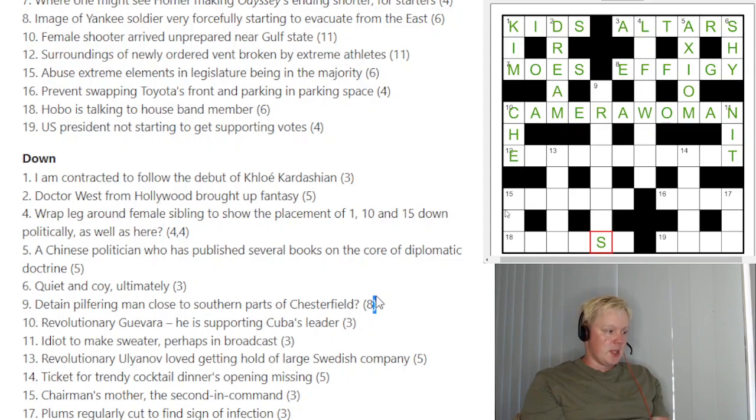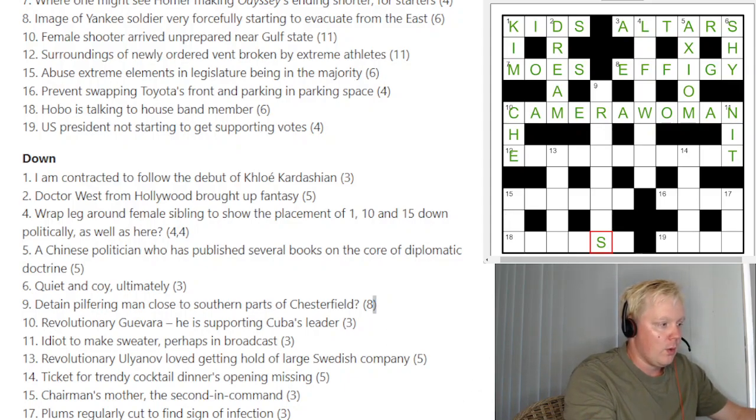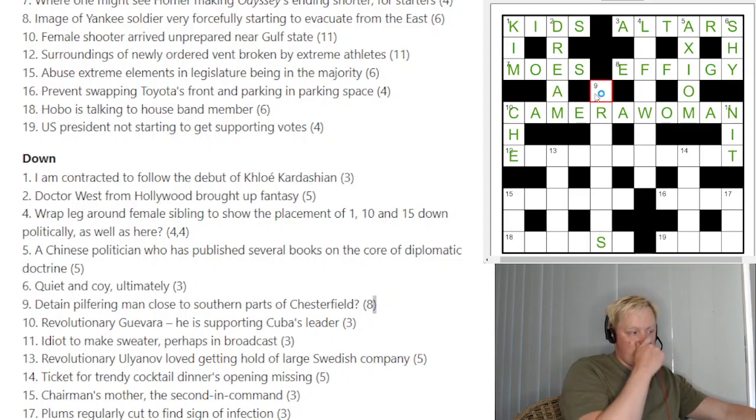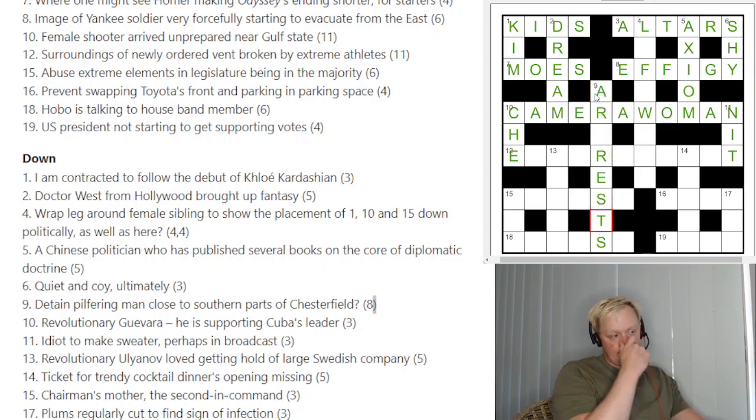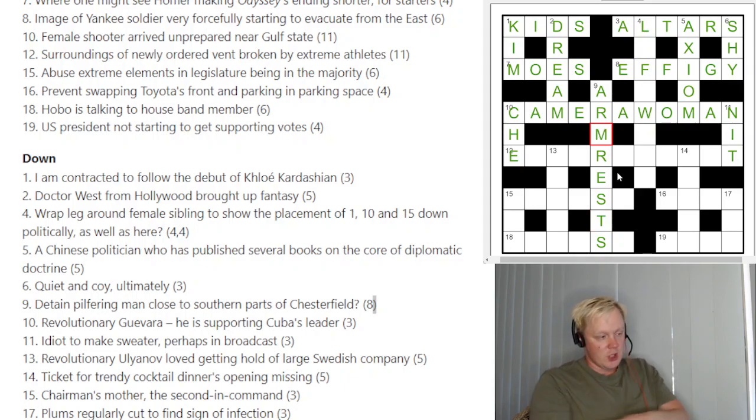A Chesterfield can be a cigarette, and here Chesterfield is a sofa. So it's probably the hardest clue here. We need to find the word arrest for detain. Put an M inside, and you get armrests, which are parts of a Chesterfield sofa.